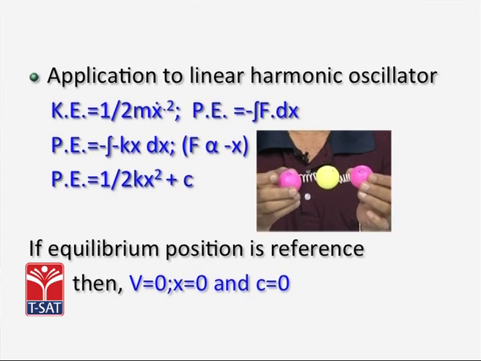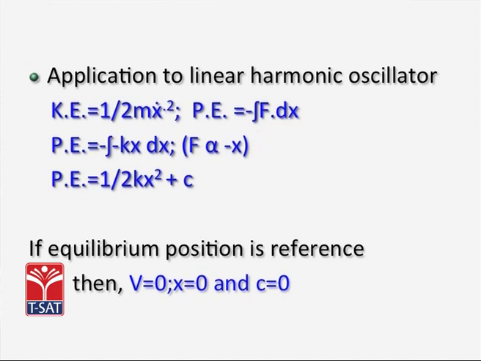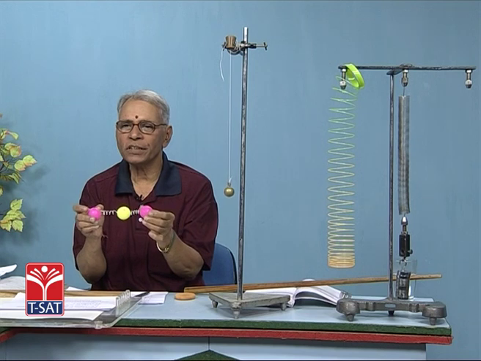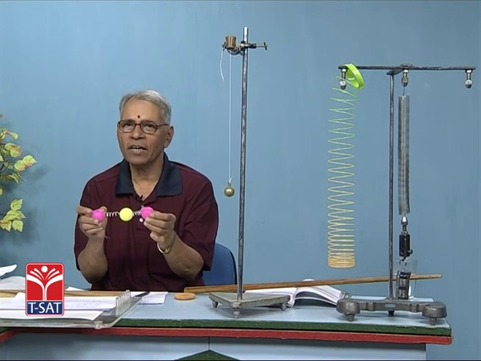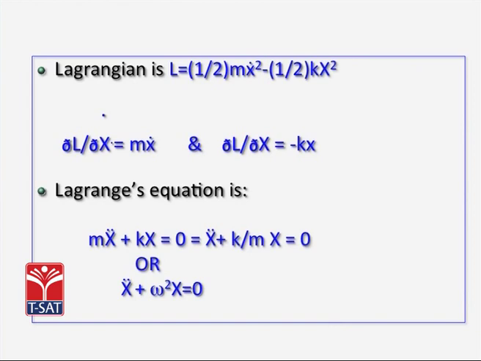Potential energy is minus integral of minus k x dx, because F is proportional to minus x. Here the potential energy is calculated to be 1 by 2 k x square plus an integration constant c. If the equilibrium position is the reference for our observation, then the potential V is equal to 0 at x equal to 0, and c also becomes 0. Now, the Lagrangian is L equal to half m x dot square minus half k x square.